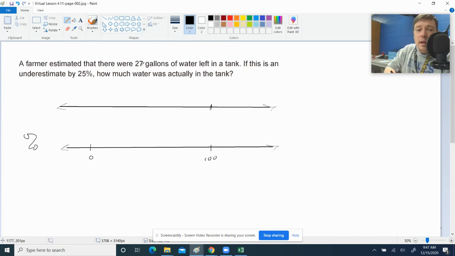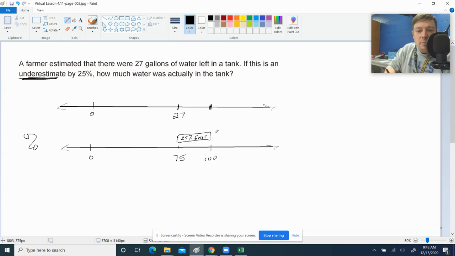So 27 does not need to be the number that goes over 100. 27 turns out to be an underestimate. So I'm going to put 27 down here, 25% below, that would be at 75%, right? So 75% of the real deal is 27 gallons, right? Because the error was a 25% error, right?